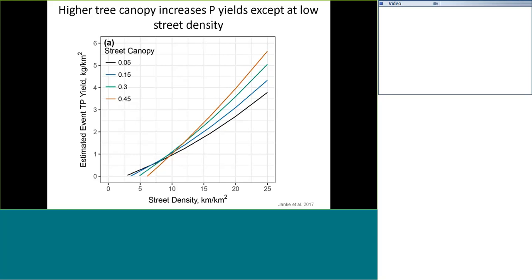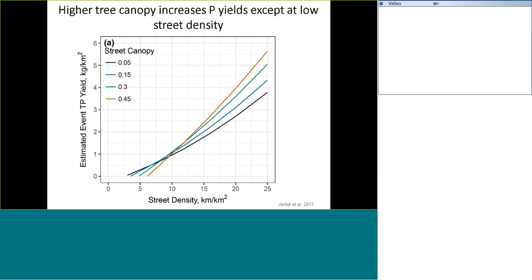And what we found was that, in addition to an effect of tree canopy, we also see an important role for street density. As street density increases, we see an increase in phosphorus export from these watersheds, but we see the greatest export from streets that have high canopy cover.